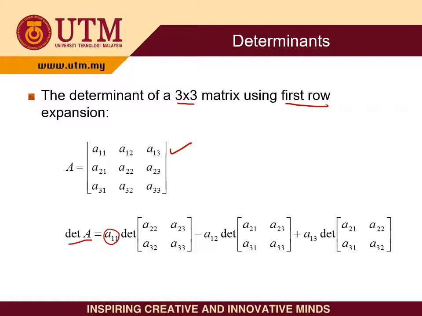Why 11? This is the first row. And then minus, remember, plus, minus, plus. So this one minus A12, this one is 12, and plus A13.